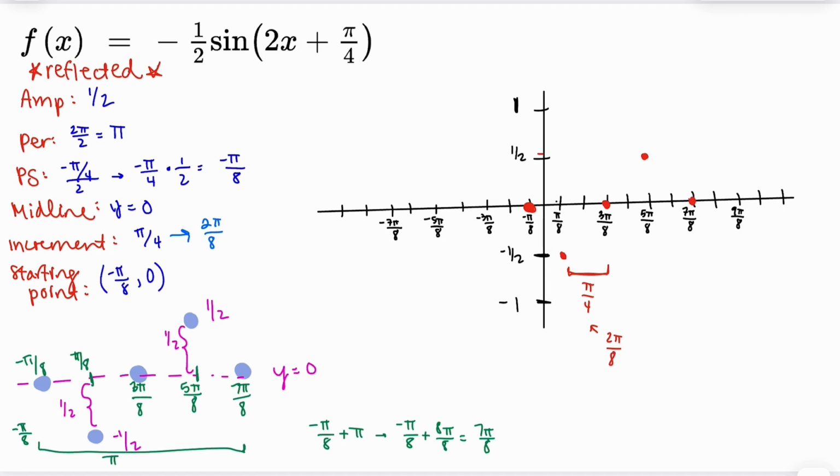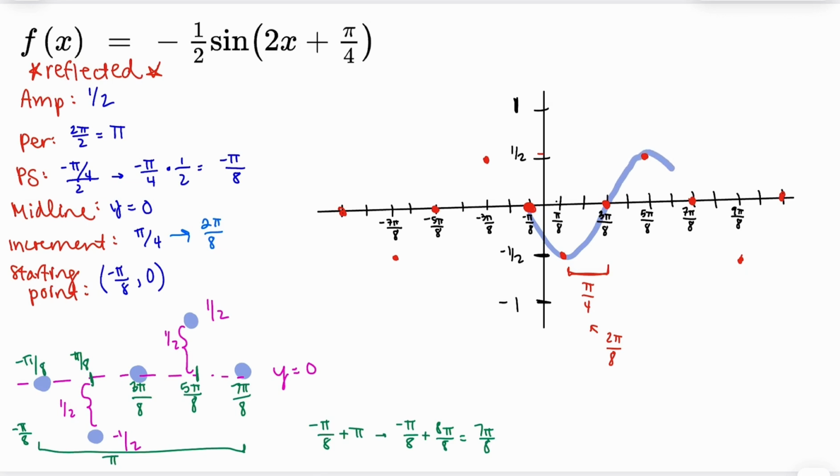And that is 1 period. And then I can go the opposite direction following that pattern. So an increment, remember that's 2 jumps because the increment is 2 pi over 8. Up, an increment, middle, an increment down, increment middle. I could go on forever and ever. And then I just connect my curve.